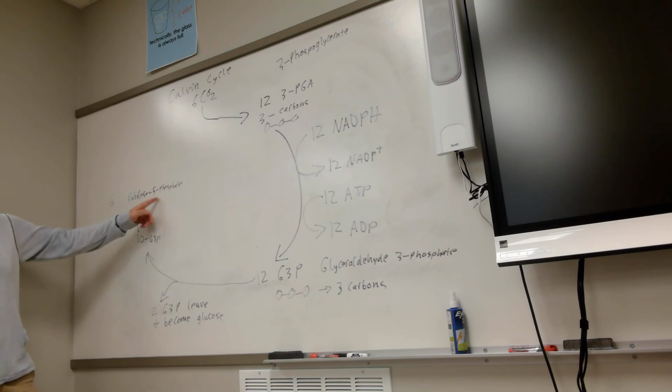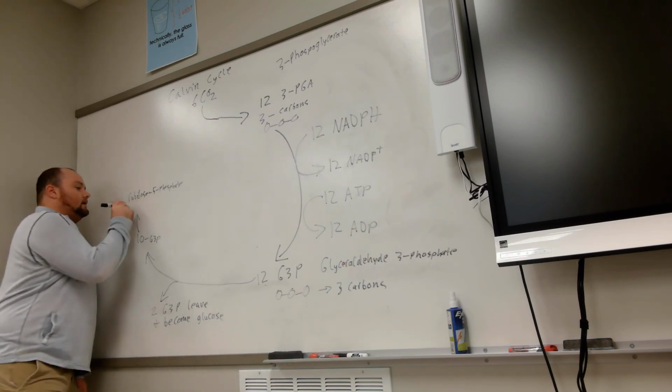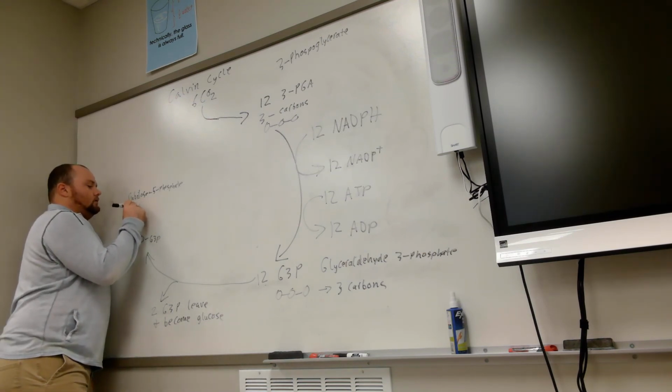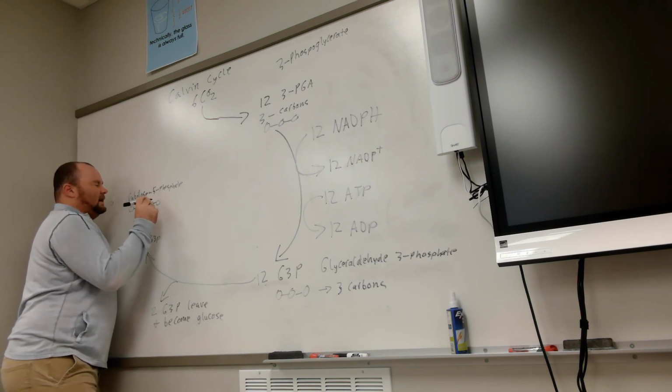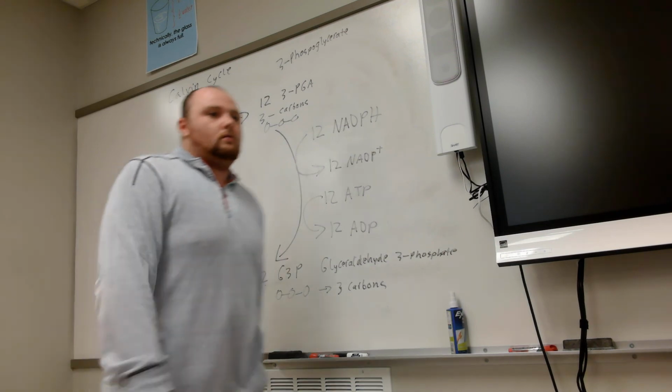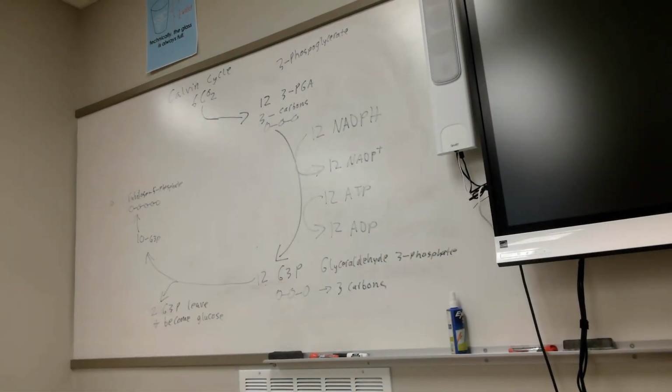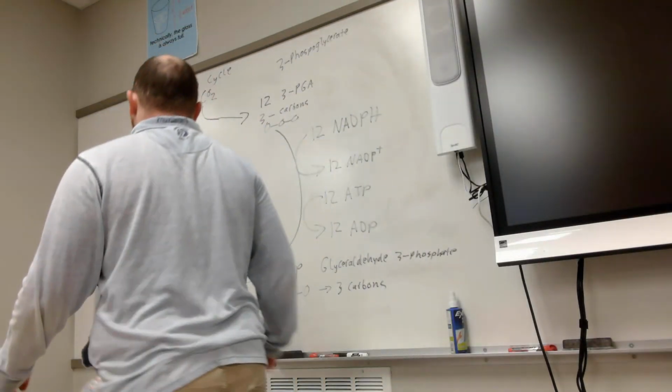Now, ribulose 5-phosphate is a 1, 2, 3, 4, 5 carbon molecule, correct? Okay, so we've got 5 carbons.